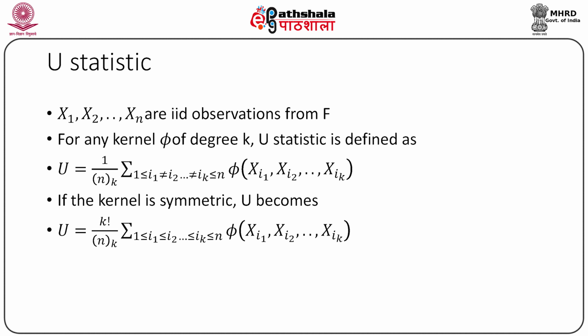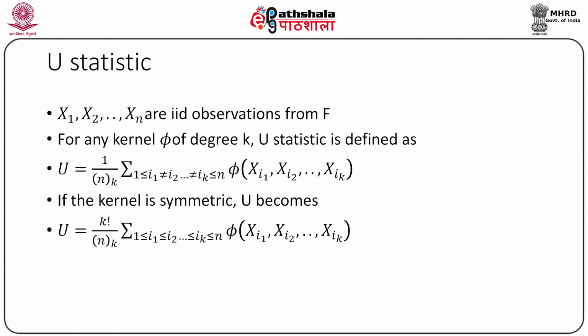Kernels are unbiased estimators, but are not based on all observations. A U-statistic is the non-parametric analog of an unbiased estimator based on all observations. Consider n IID observations and a kernel of degree k. Assume that phi is symmetric. Then we can have n choose k distinct sets of k observations.